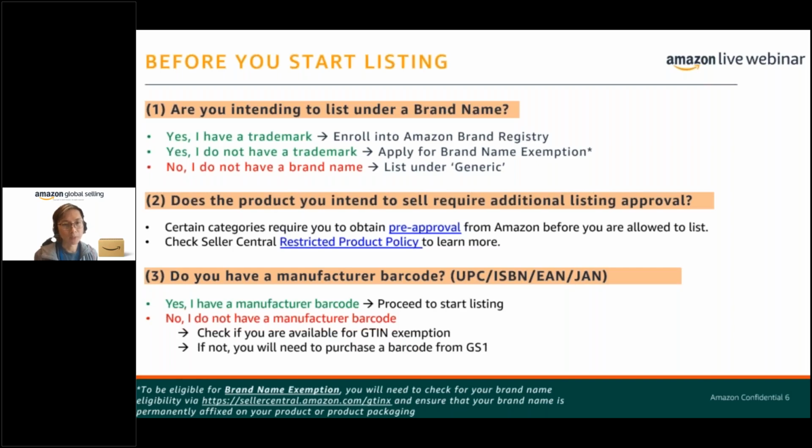If not, you will need to purchase a barcode from GS1. There are some products that may not need a barcode, like private label products, so you can have a GTIN exemption for that. GS1 is just a global company that keeps track of all the barcodes globally. So you just search for GS1 on the website to purchase a barcode, if you intend to have a barcode for your product.